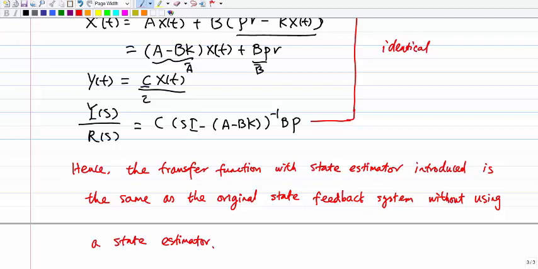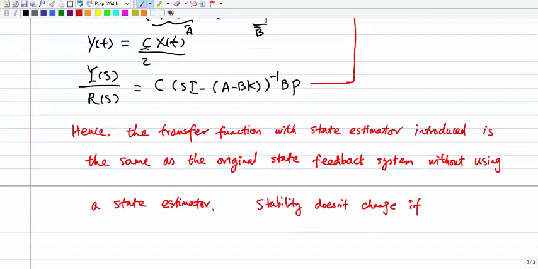The nice thing for this part is the stability. Stability does not change if we use the estimated state to replace the true state.